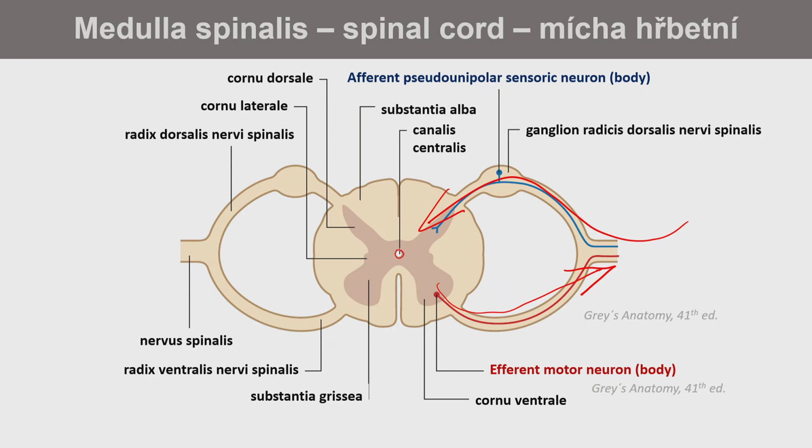The last structure, which was not described by me, is a central channel. Central channel should be filled by cerebrospinal fluid, but in almost all patients is not continuous, is not developing like one tube through the whole spinal cord.